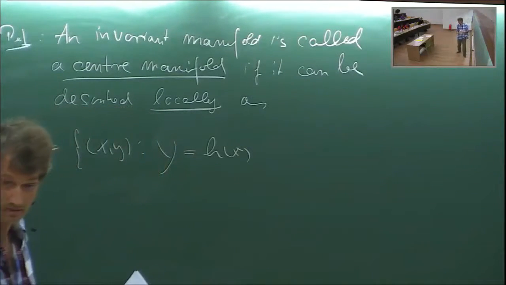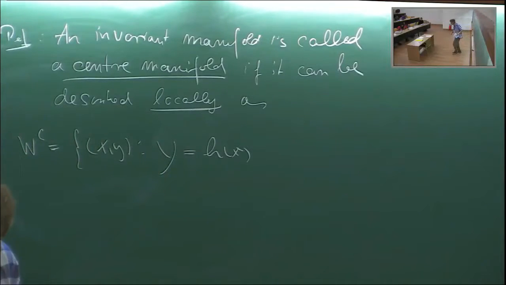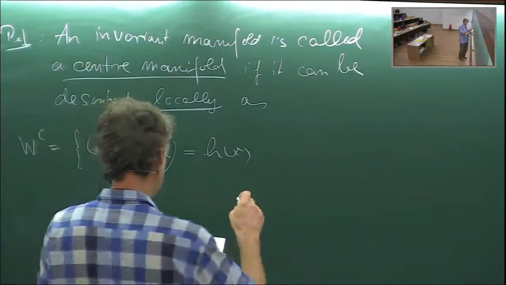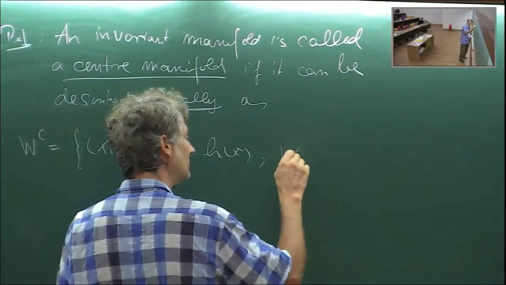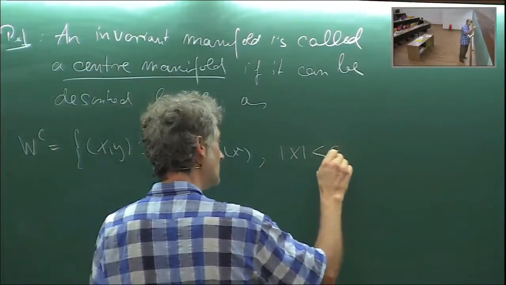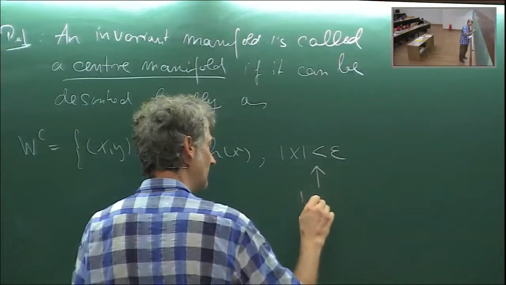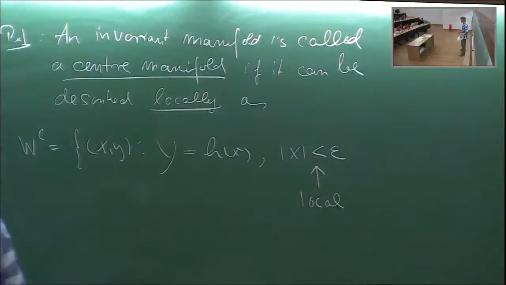The center manifold is invariant. So that means the dynamic stays on it. And then I'm going to stress the local aspect. So this is for x sufficiently close to 0. 0 was our fixed point.